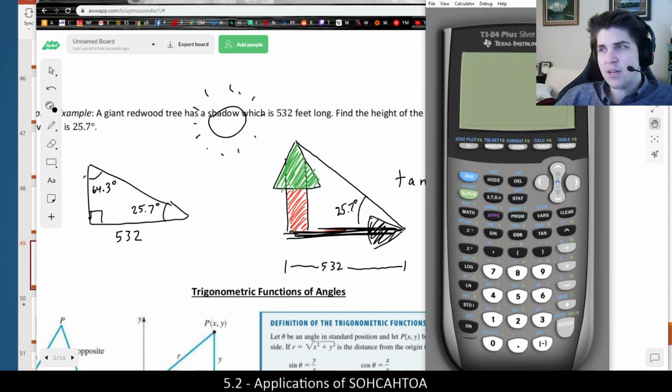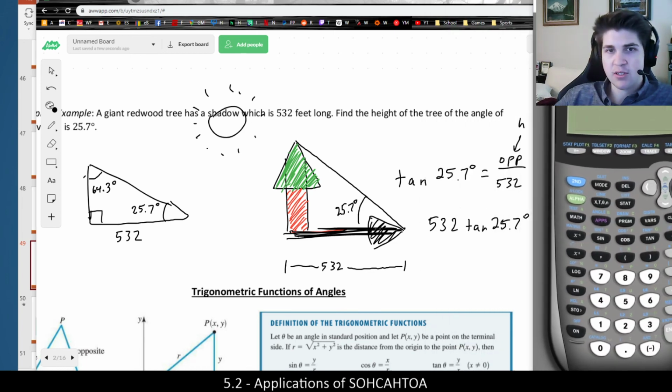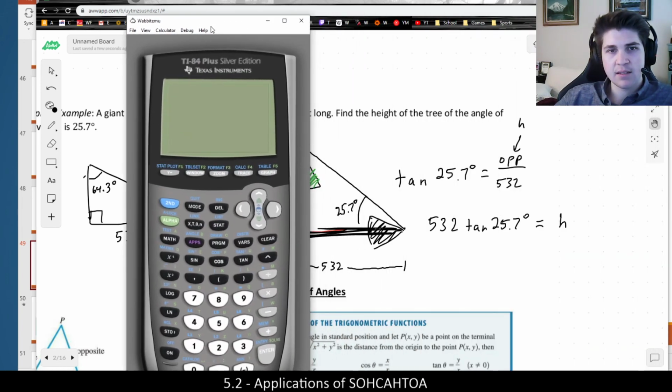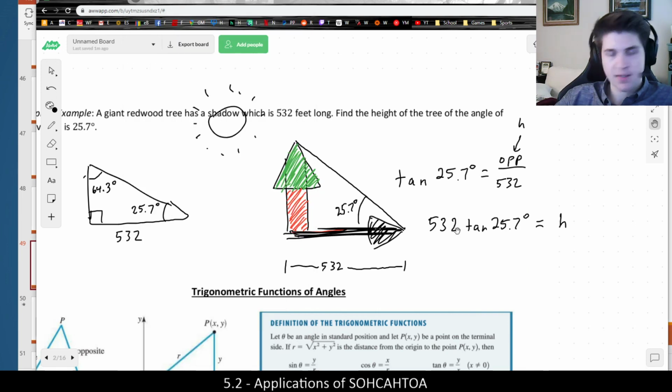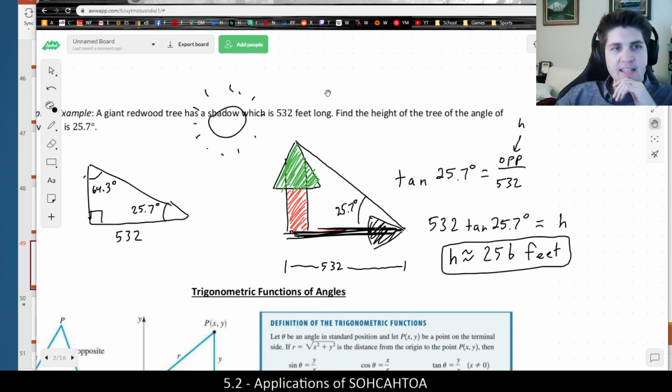Anyways, we could then use a calculator to figure out the height of the tree. So 532 times the tangent of 25.7, and that would give me 256 approximately. And again, that would be in feet because it's going to keep the same units as the original.